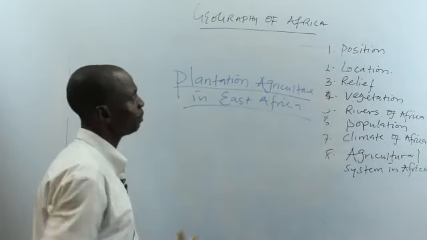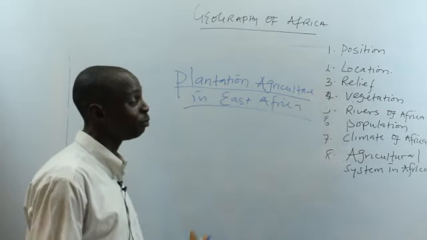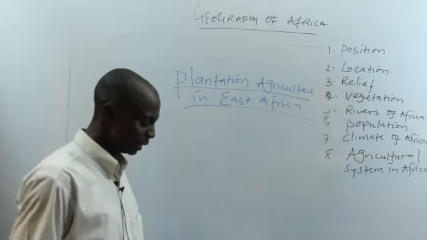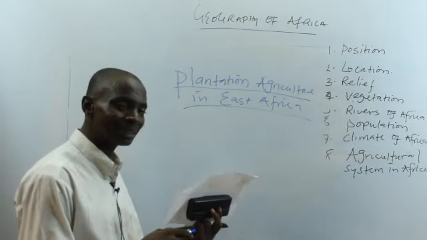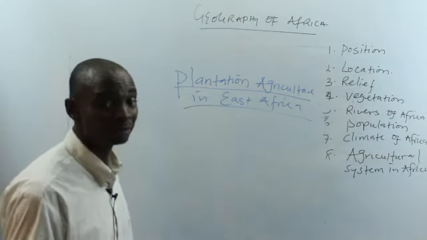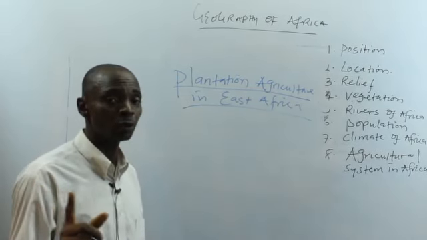What do you understand by plantation agriculture? Plantation system of farming, or plantation agriculture, or plantation farming, is a type of farming system where a farmer embarks on the cultivation of only one crop. Only one crop.